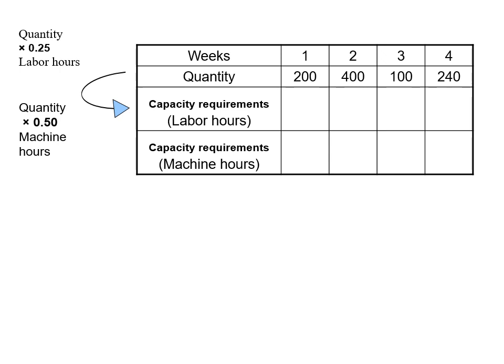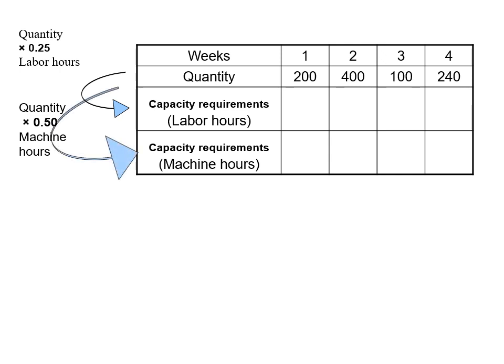Now we begin to calculate the capacity requirement for labor force and machine force. First, we multiply the quantity in each week by 0.25, which represents the requirement from labor force to produce 1 unit.